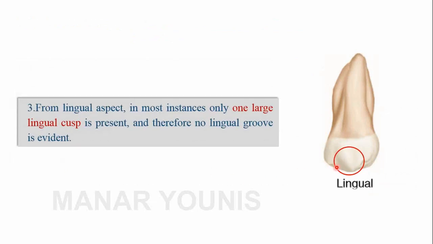From the lingual aspect, only one large lingual cusp is present due to the small or absent distolingual cusp. Therefore, there is one large lingual cusp, and this will result in no evidence of a lingual groove on the lingual aspect.